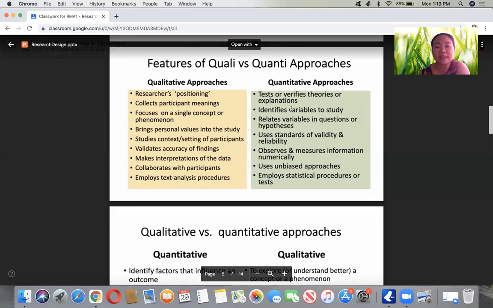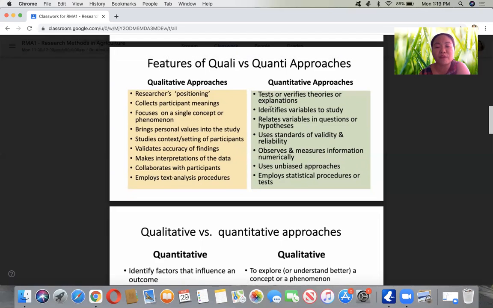For the quantitative approach, it tests or verifies theories or explanations, identifies variables to study, so there are dependent and independent variables, and relates variables in questions or hypotheses. So we have to test the hypothesis, use standards of validity and reliability, observe and measure information numerically, use unbiased approaches, and employ statistical procedures or tests.